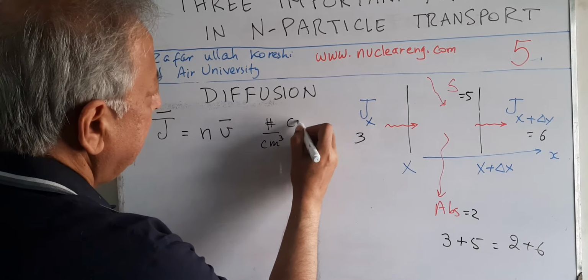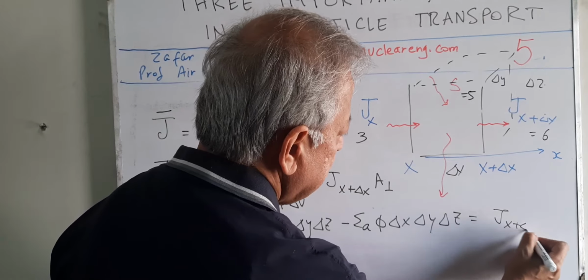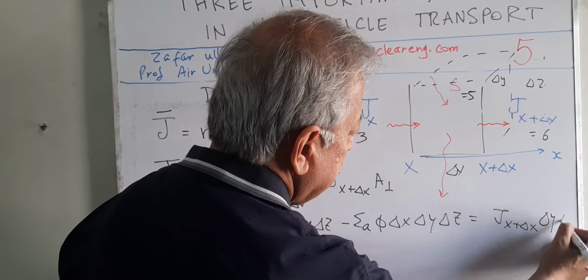Now, if you just look at it like this, Jx, what's the perpendicular area? It's delta y delta z, plus S, what's delta V? It's delta x delta y delta z, is equal to minus sigma A phi delta x delta y delta z plus Jx plus delta x delta y delta z.